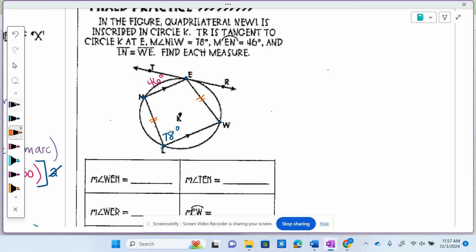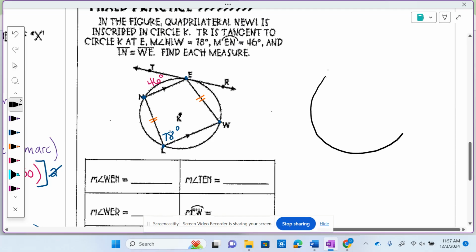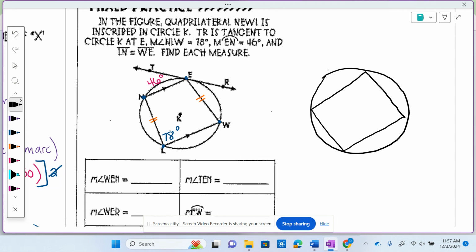How are we going to go about that? Why do you think angle WEN is 78 degrees?